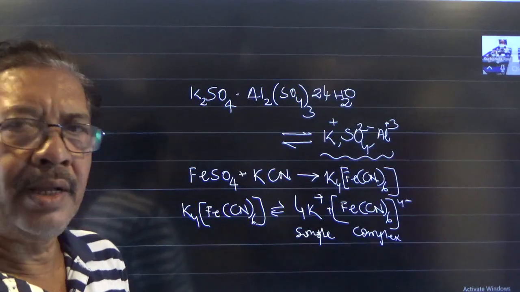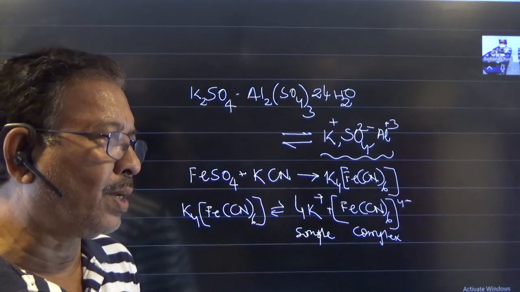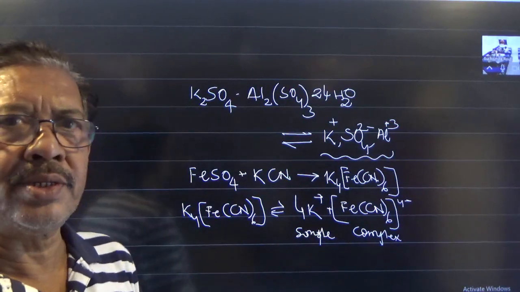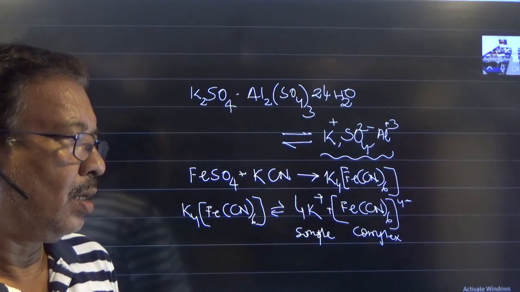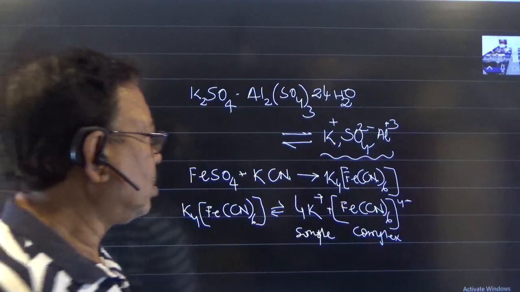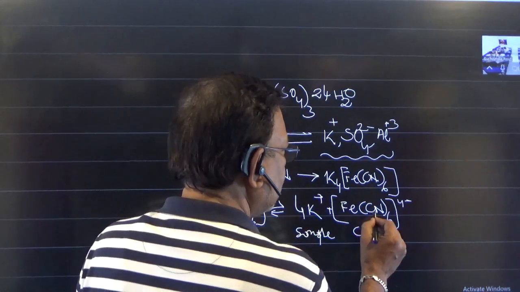So can you tell me what is the total number of ions present here for K4 Fe(CN)6? Correct, 5. The total is 4 and this is 1.